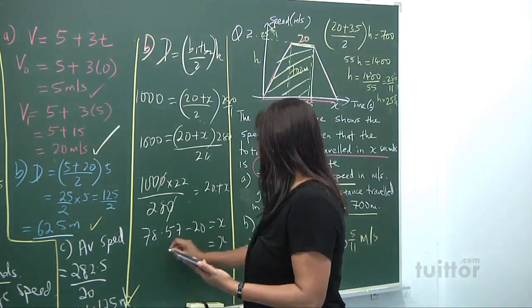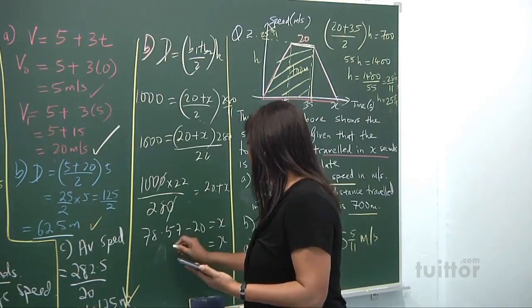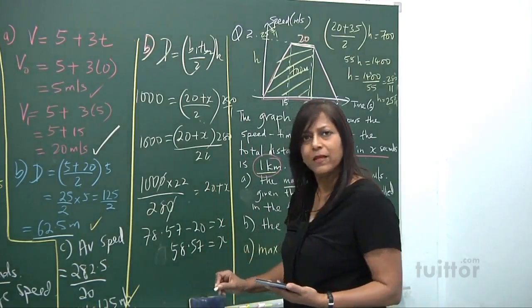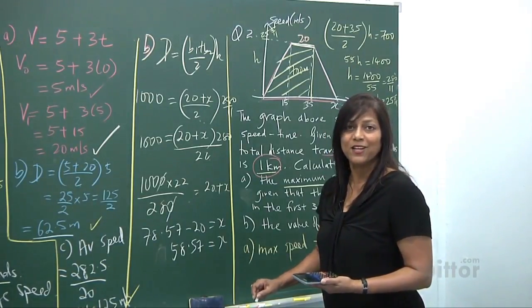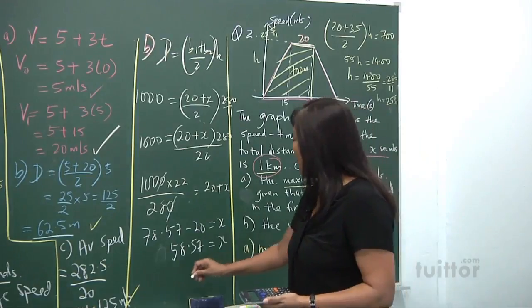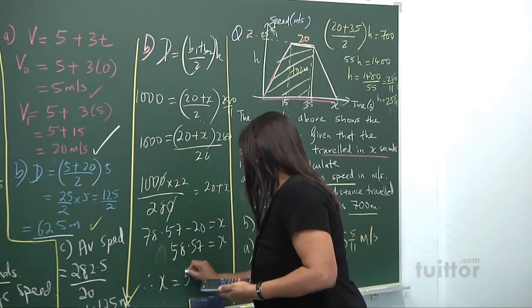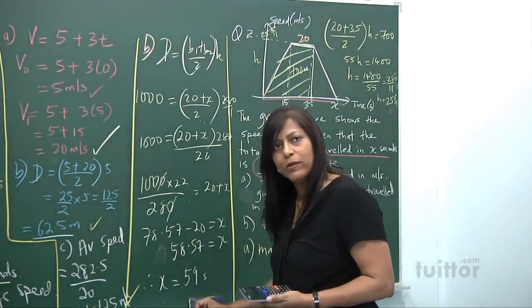So your x will be about 78 minus 20 is 58.57. If you round up, it's about 59 seconds. Got it? Great. Therefore, x is equal to 59 seconds when rounded up to the nearest whole number.